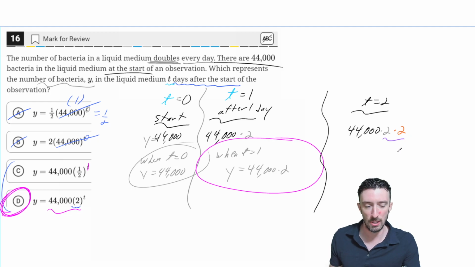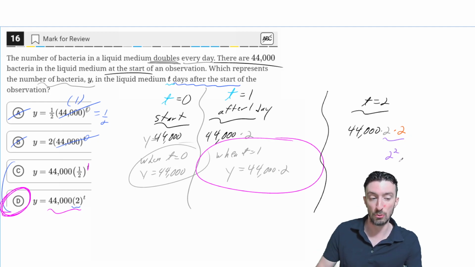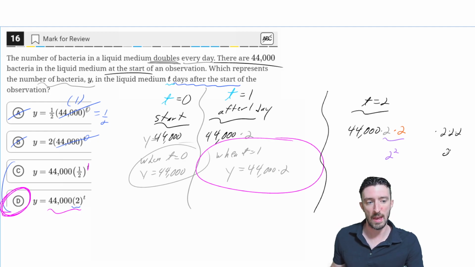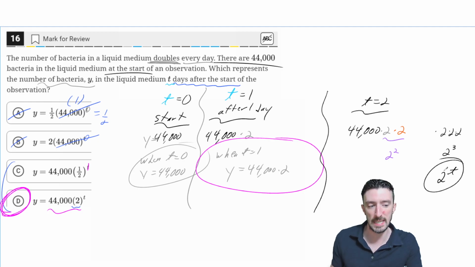And 2 times 2, I'm pretty sure that's 2 to the 2. In fact, if I would have done it one more time, there would have been a 2 times 2 times 2 at the end, and that would have been 2 to the 3. If I want to get general about that, it's 2 to the T.